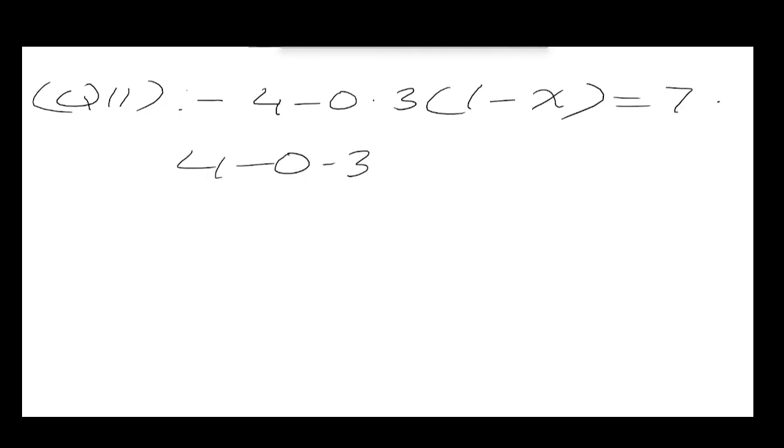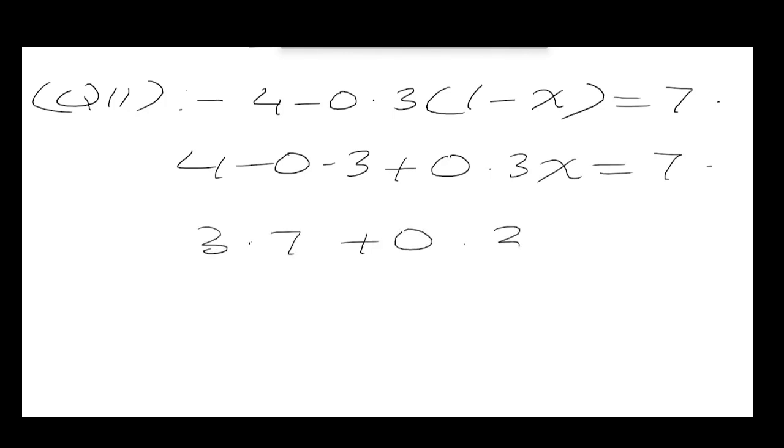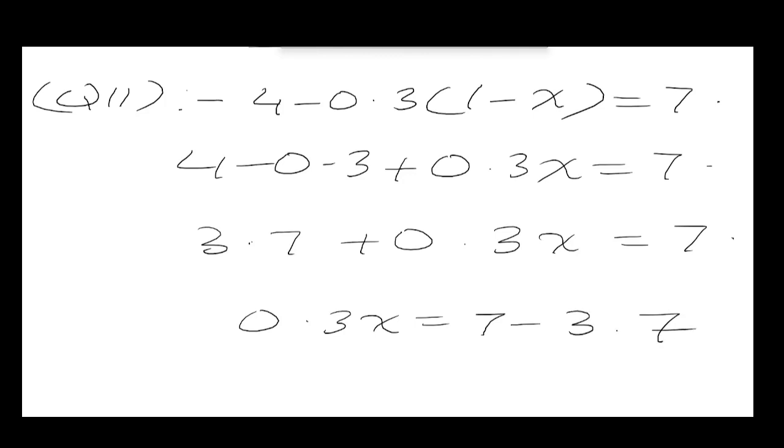Question number 11. We can write 4 minus 0.3 bracket 1 minus x is equal to 7. So 4 minus 0.3 will be added with 0.3x is equal to 7. And then 4 minus 0.3, that is 3.7, added with 0.3x is equal to 7. So 0.3x is equal to 7 minus 3.7.